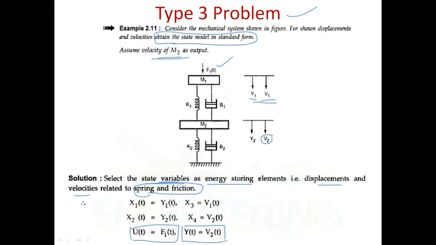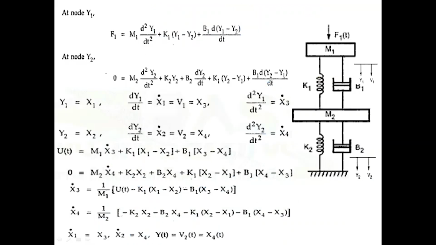See, there are two displacements and two velocities. Take x1 as y1, x2 as y2, x3 as v1, and x4 as v2.